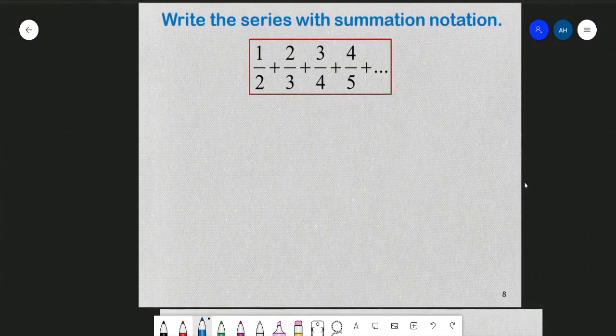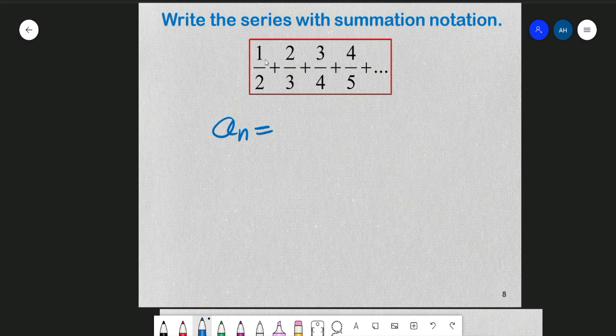Now, let's see the series that is given in the form of fractions like this. The terms are all fractions. So how do we write down this series in the form of summation notation? First of all, we have to be able to write down what is our a_n. Look at the pattern of the numbers.